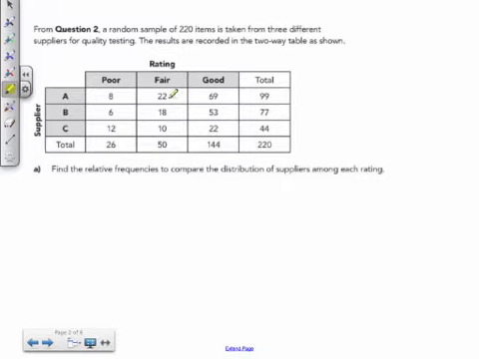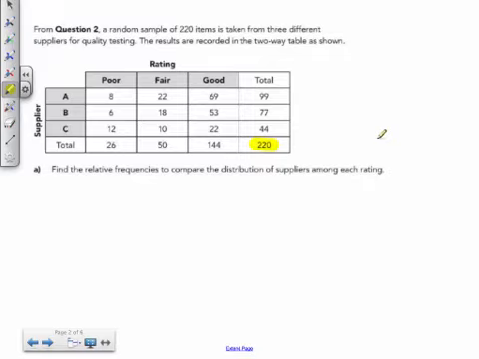So let's just talk about what is being said in this two-way table. We did this a little bit in the last video. Ask yourself if you can figure out what this 22 stands for. If you said that 22 items from supplier A received a rating of fair, you are absolutely correct. Very good. Please figure out what this 220 right here stands for.